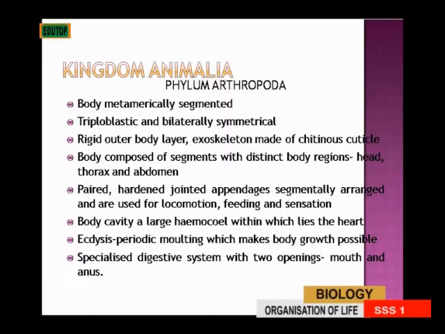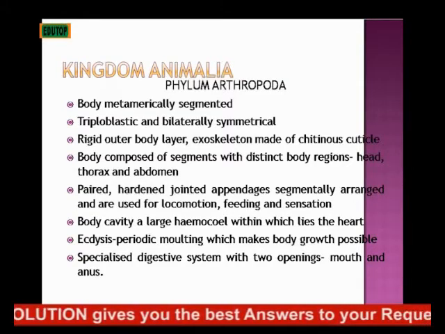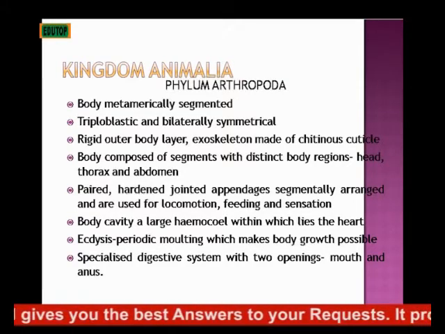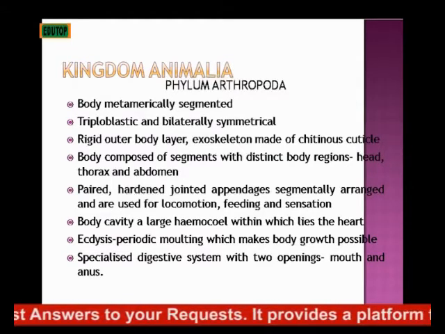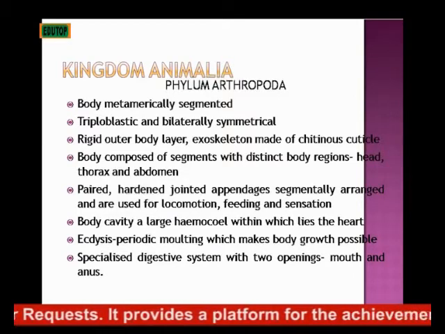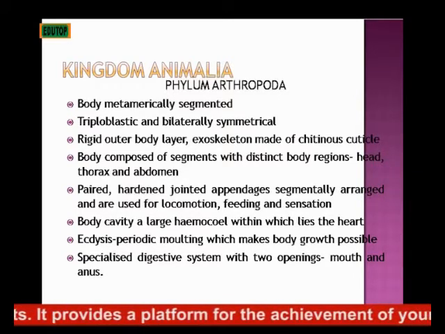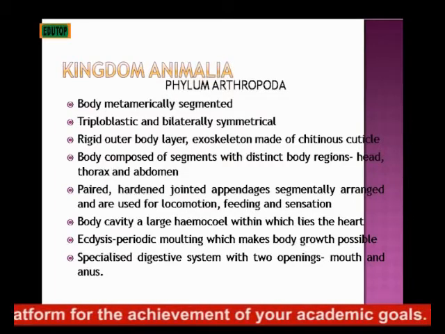So this group of organisms is more developed than the ones we've been talking about. They have the heart in them. Then they undergo ecdysis, which is a periodic molting that helps their bodies to grow. They shed the old body, they grow. So that's what ecdysis is all about. Periodic molting. They put away the old body, it peels off, then the new one comes up.